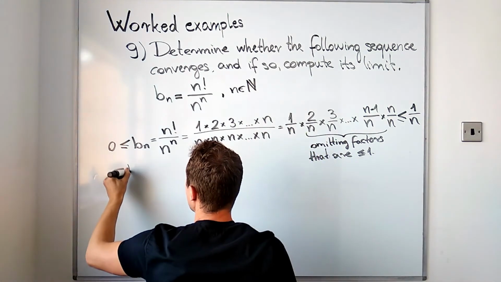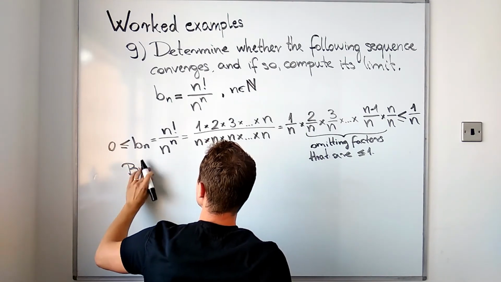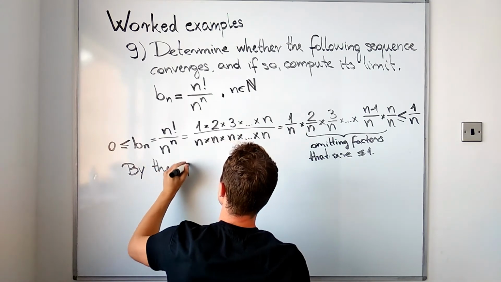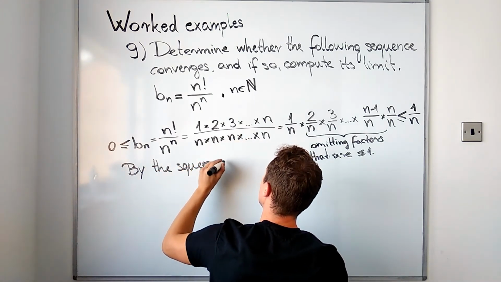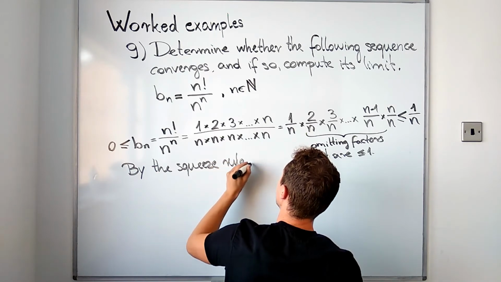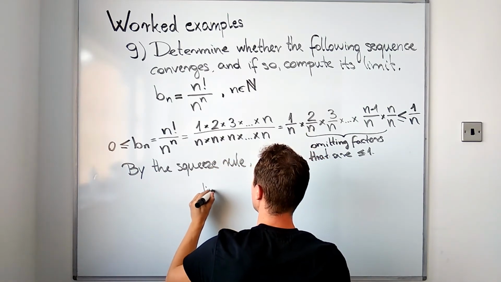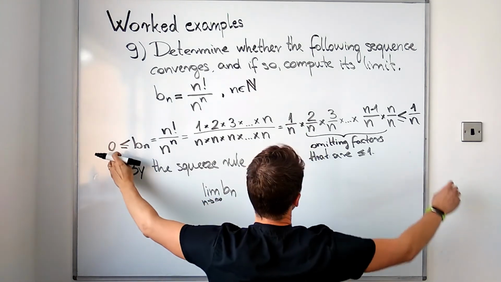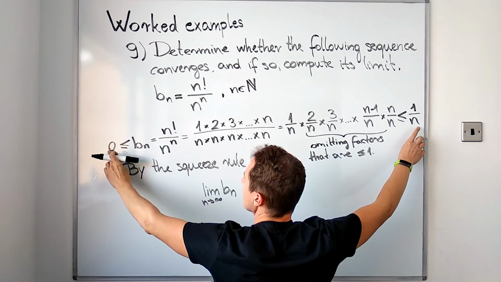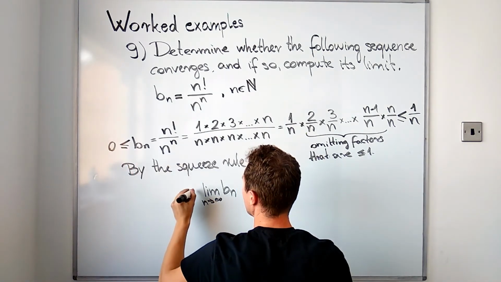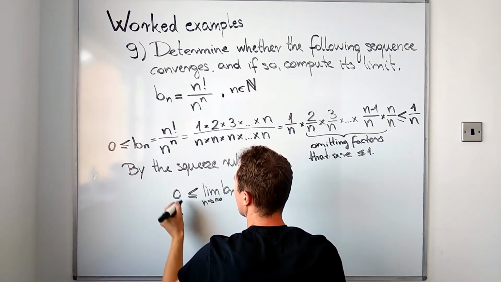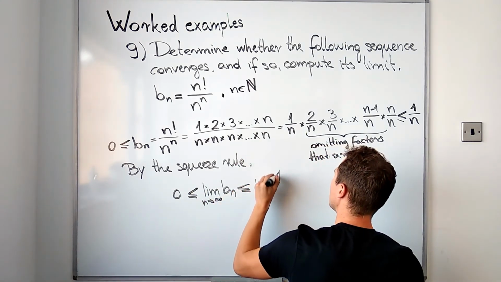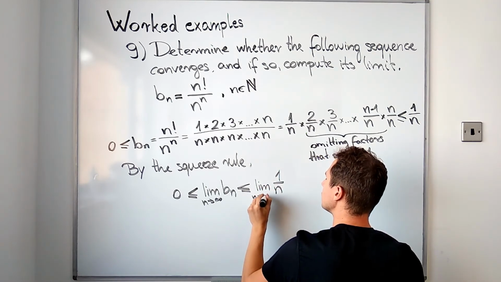So now we can apply the squeeze rule. By the squeeze rule, the limit of Bn has to be between the limits of these two sides sandwiching Bn. So it's definitely between 0 and the limit of the sequence 1 over n as n tends to infinity.